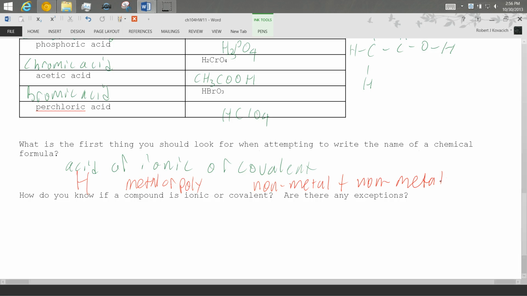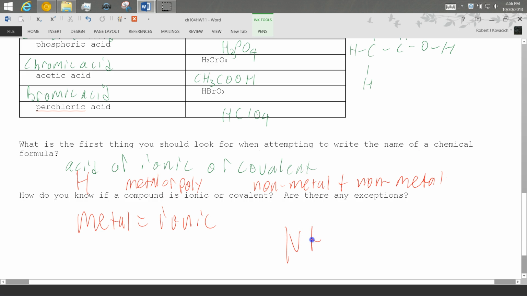How do you know if the compound you're looking at is ionic or covalent? Easy way to do that is metal equals ionic. Is there an exception to that? Yeah. What was that exception we talked about? NH4, right? It doesn't have to be two polyatomic ions, but what if the cation is a polyatomic ion?